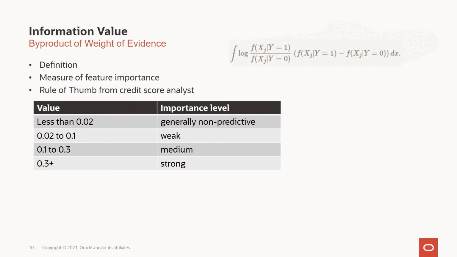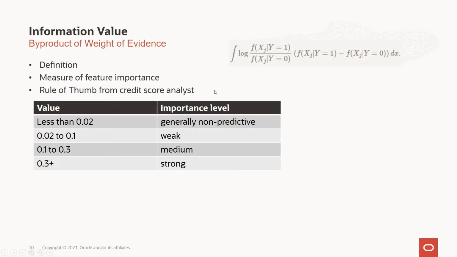The idea is we can calculate the concept called the information value. So we calculate the sum over all the features, and therefore we can calculate an information value for a particular feature, and that can be used as a measure of feature importance, which is quite useful.